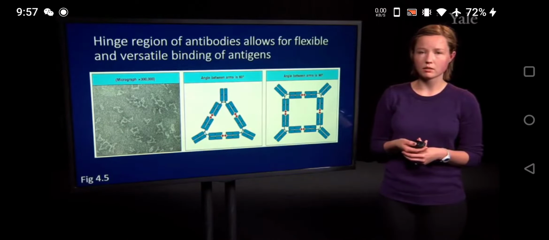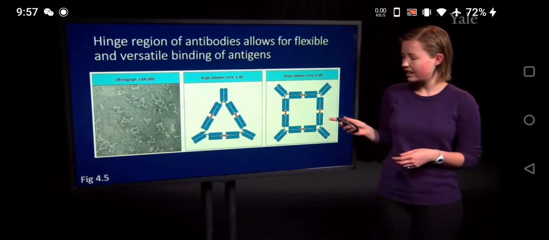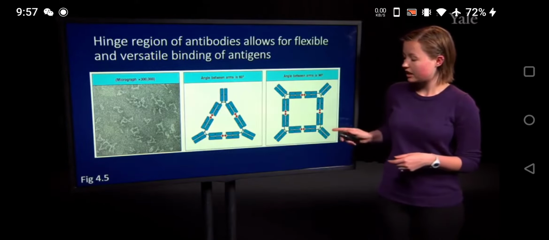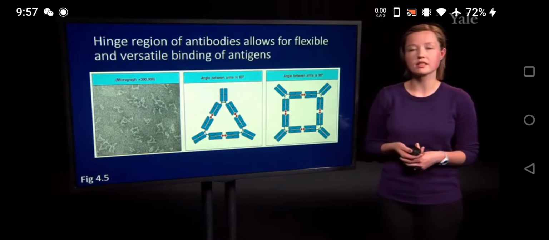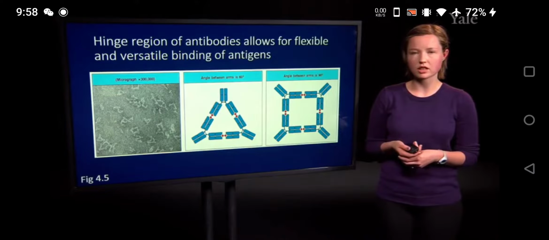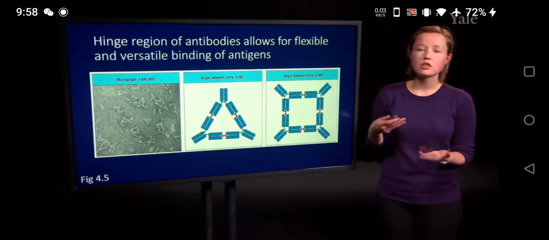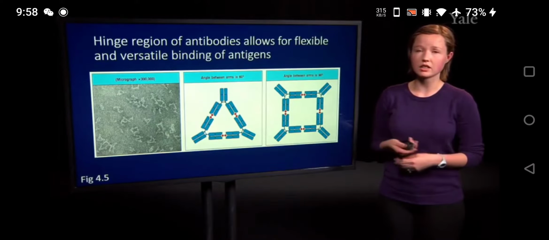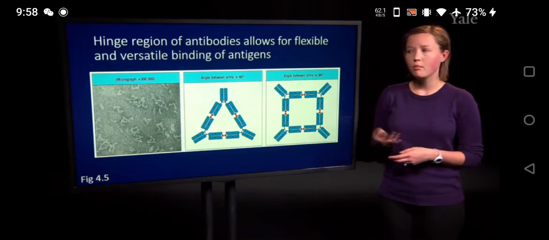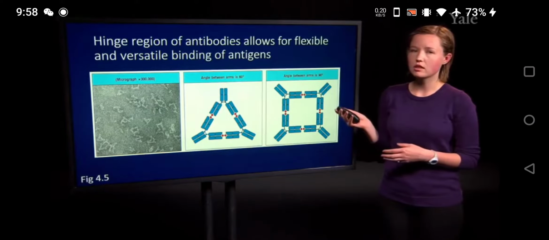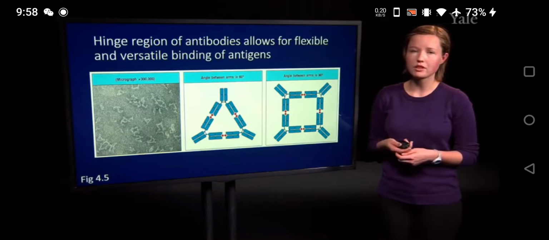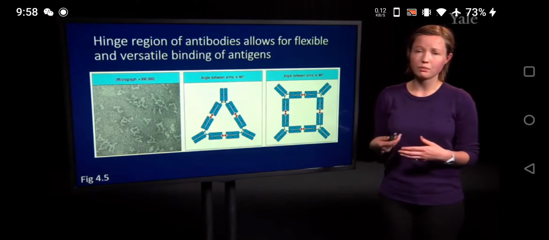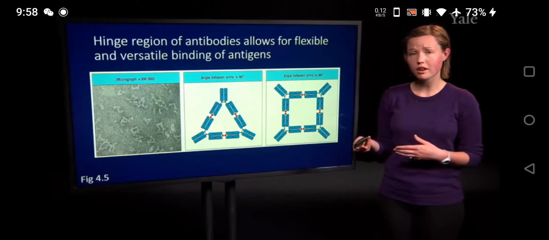And here we can see, this is 60 degrees, and here we can see an angle that's 90 degrees when interacting with antigen. So this just provides additional flexibility and an ability to neutralize or bind antigen in many different ways. Most of the effector functions and why this is important will come up during subsequent lectures on the immune response and how B cells help mediate that immune response, but this is a unique structural feature that is provided by antibodies.